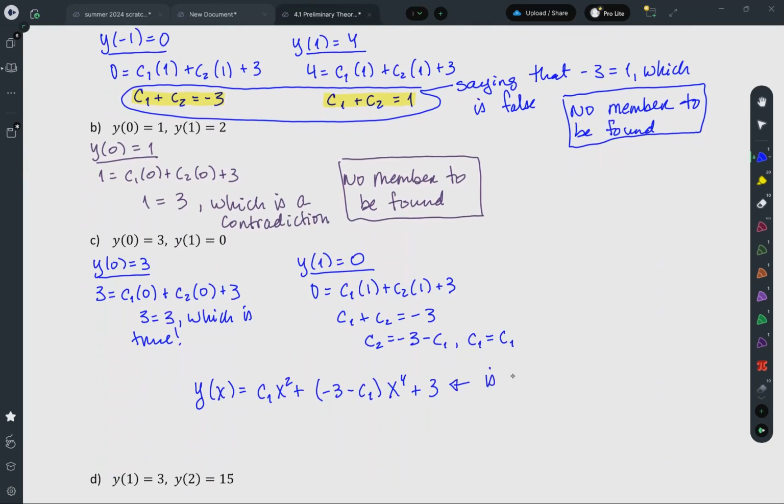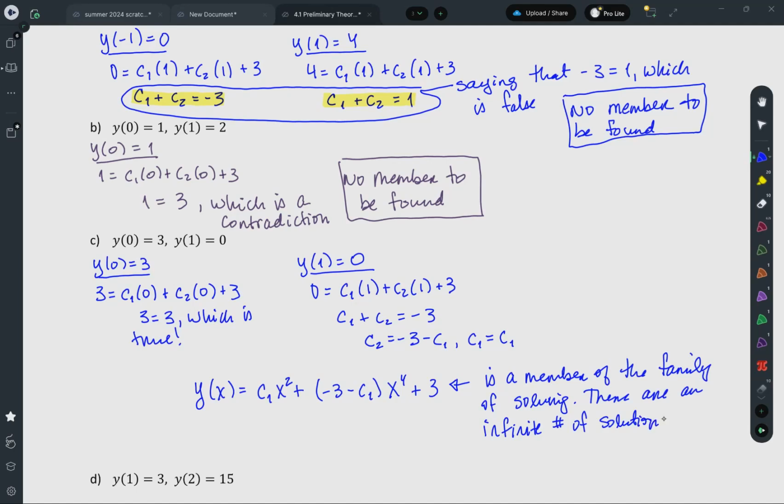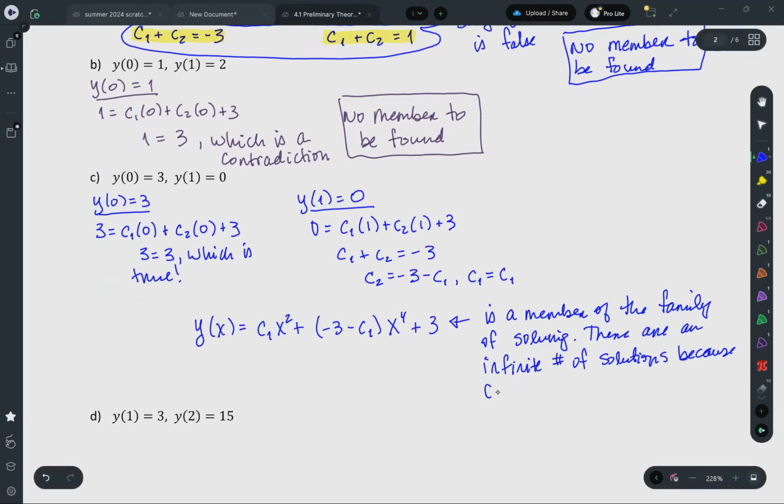So this is a member of the family of solutions. There are an infinite number of solutions because C1 can be anything.